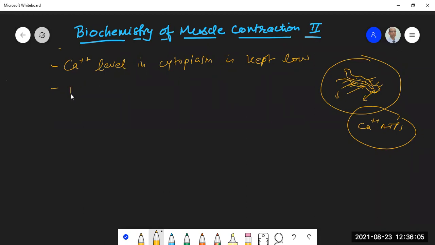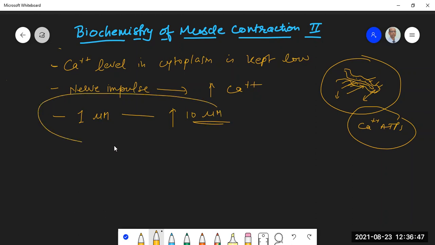So the nerve impulse causes an increase in the calcium level of the cytoplasm because of the opening of the calcium channels in the sarcoplasmic reticular membrane. Calcium will rush into the cytoplasm and immediately go from 1 micromolar up to 10 micromolar.